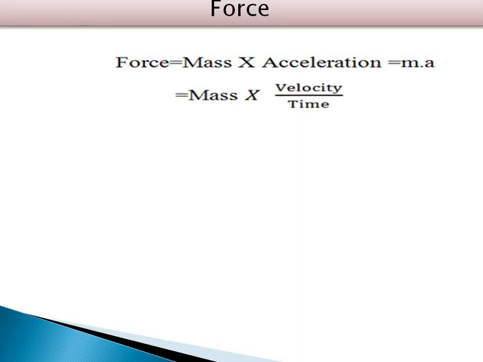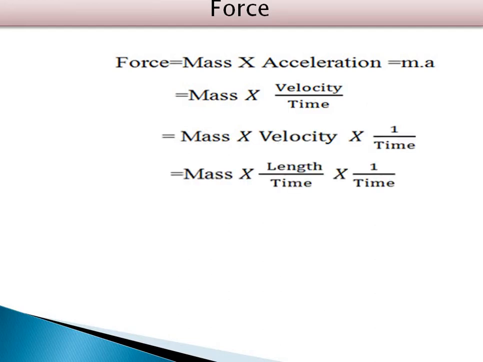So mass into acceleration is nothing but mass into velocity divided by time. Again, mass is a basic entity, time is a basic entity. Velocity can be written as length divided by time. So it would be mass into length by time into 1 by time, which can be written as mass into length divided by time square.